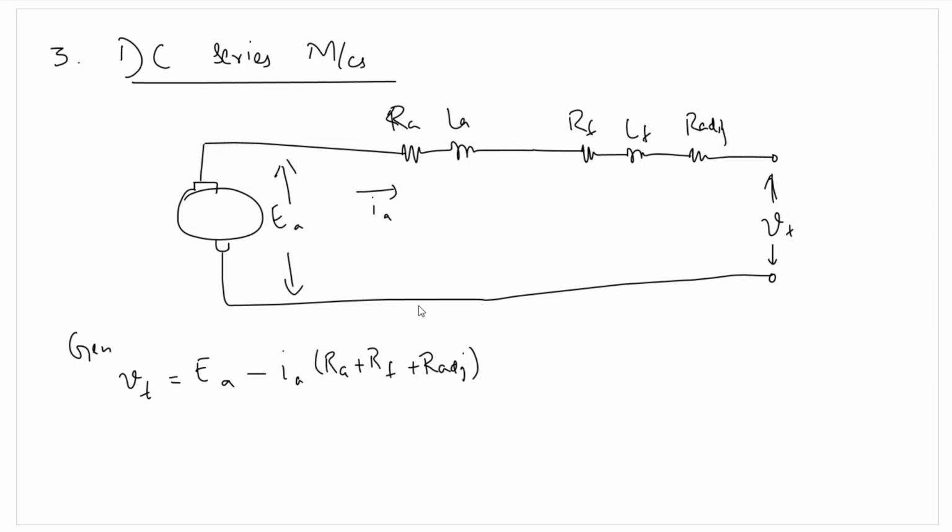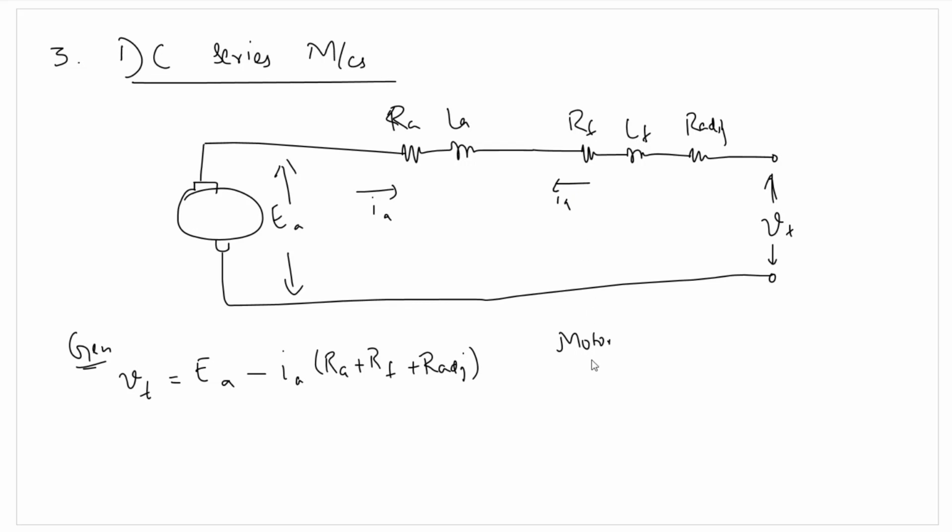Assuming that we have achieved steady state, LA and LF will behave as short. Normally, we do not even show these inductances in the equivalent circuit. We can simply show the resistances only. So in a generating operation, VT will be equal to EA minus IA into RA plus RF, and RA and RF in this case will be in series. While in case of a motoring mode, IA will be in this direction.